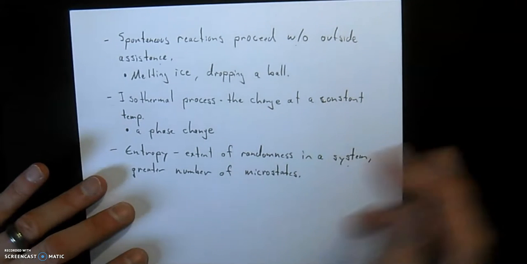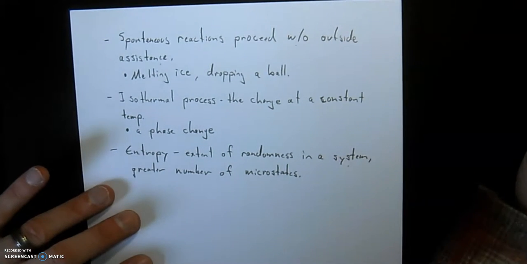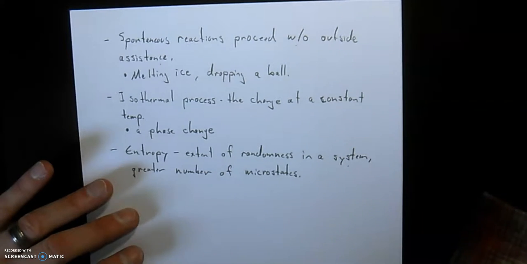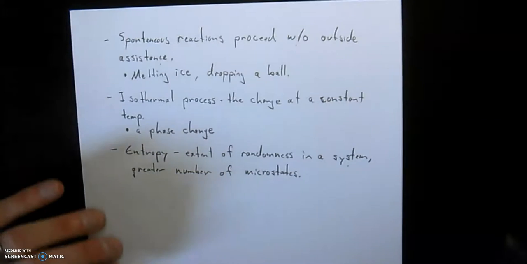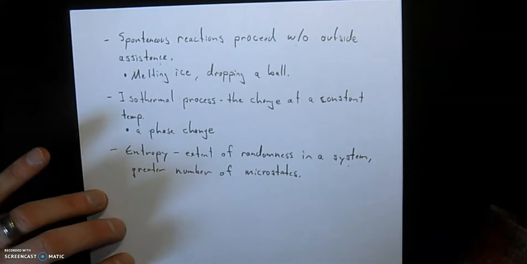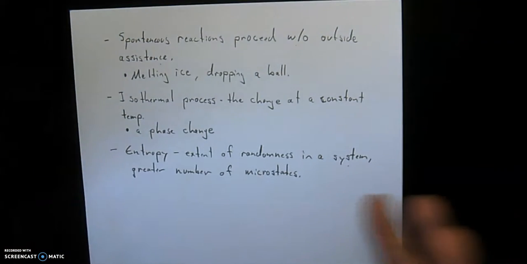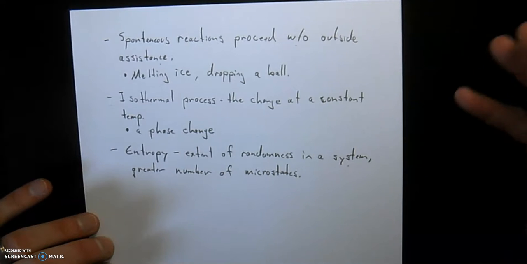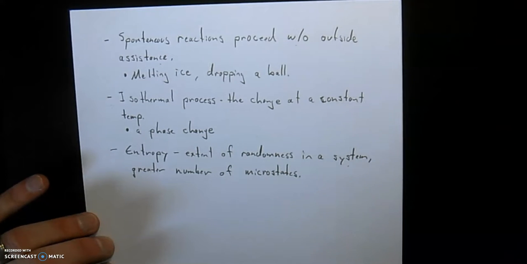So there's a lot of ways we can talk about this. For a particle, something like randomness or entropy, you can look at it as far as vibrational, you can look at it rotational, or you can look at it as translational, as far as all these different ways a molecule can move around. It can bend, it can vibrate, and it can kind of move closer and further away. And all of those are considered different states or random locations of how things could find themselves.